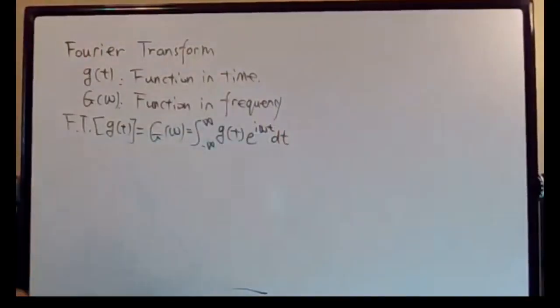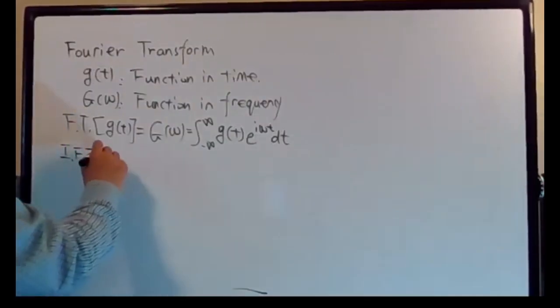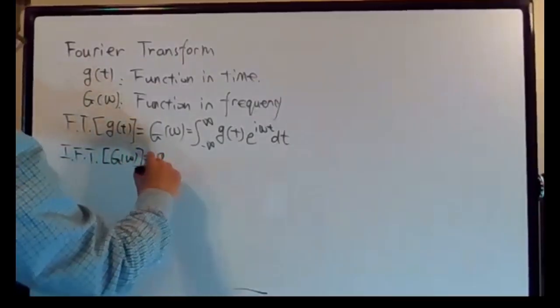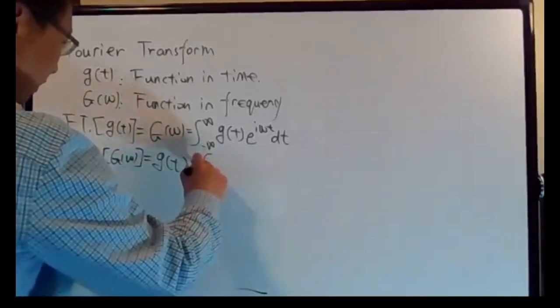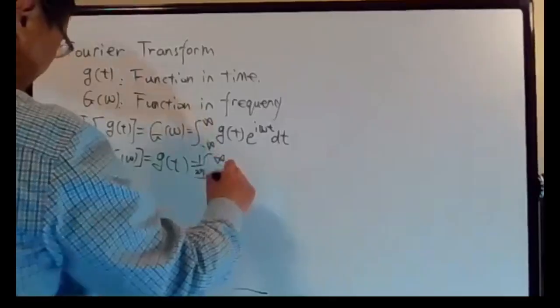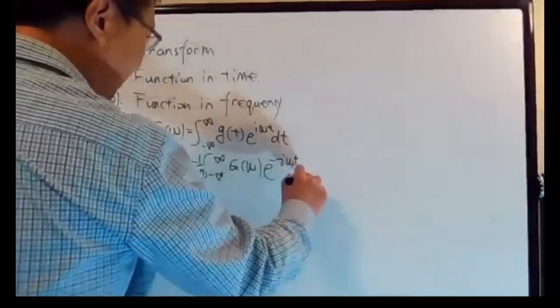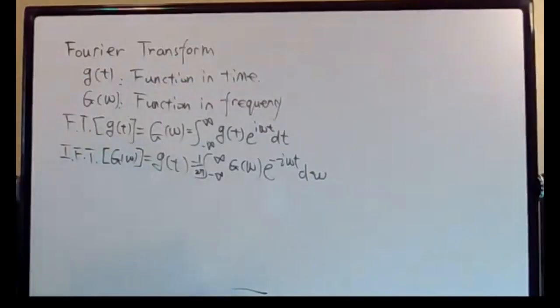And then the inverse Fourier transform of capital G(omega) equals the little g(t), with a factor of 1 over 2 pi, the integral from negative infinity to infinity of G(omega) exponential negative i omega t d omega.